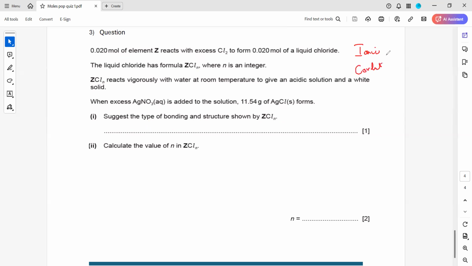It cannot be metallic because metallic bonding exists within a metal, and chlorine is not a metal. If it was ionic, it should be solid at room temperature. If it is covalent, it might be a liquid or a gas. So the first thing which gives an idea that it's covalent is that you mentioned it is a liquid. So if it's a liquid, it's covalent. So we identify the type of the bonding as covalent.